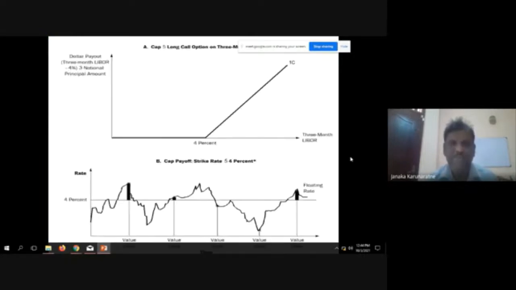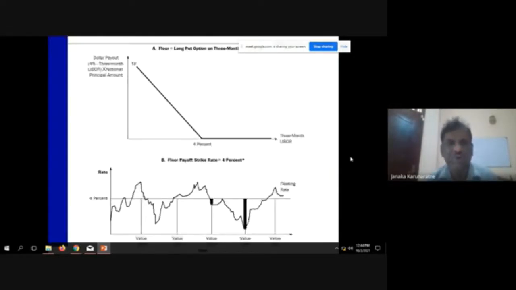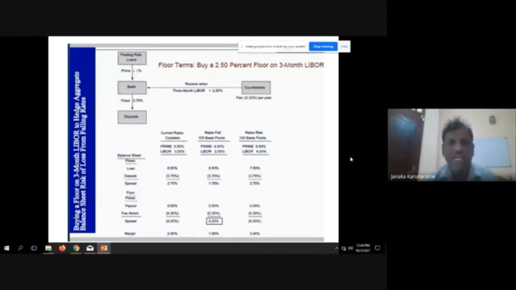So how a cap works, and how a floor works, put option and a call option, and how you have a collar.